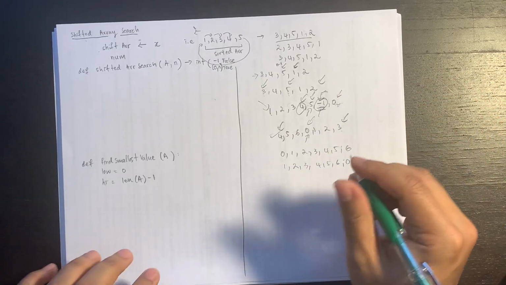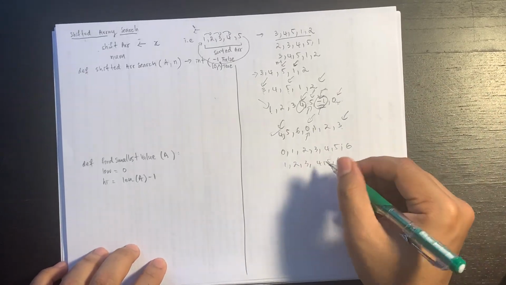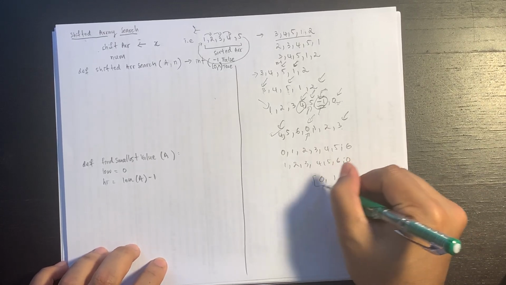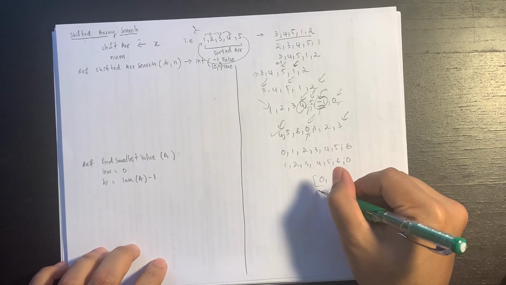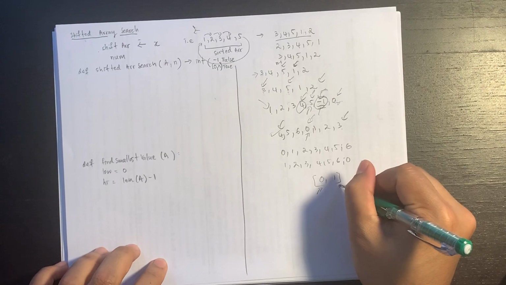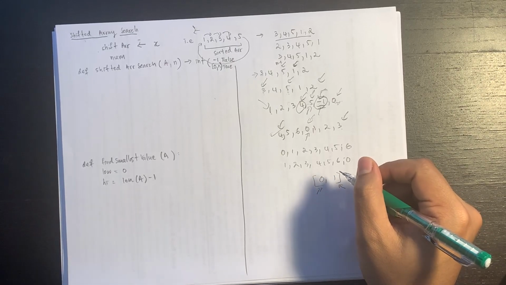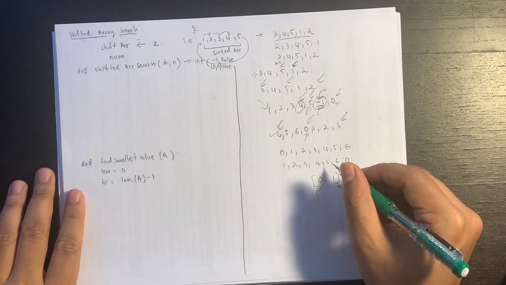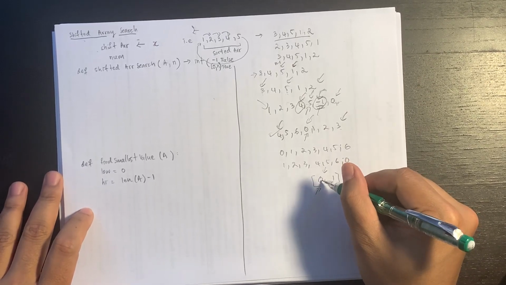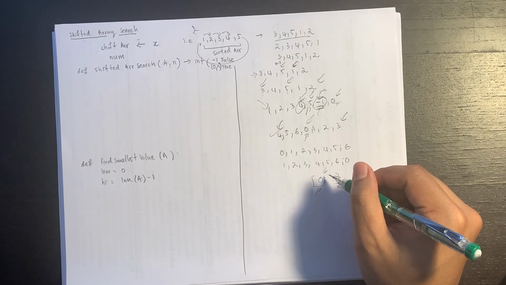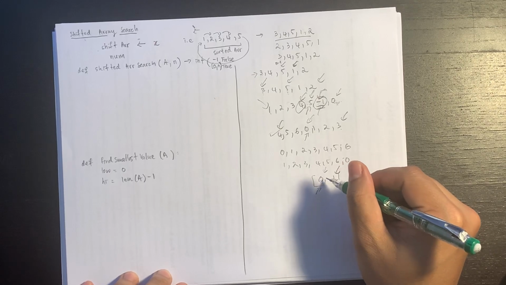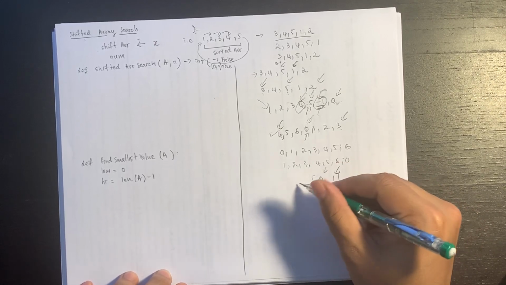Are there any edge cases? Let's say we have just two elements, 0 and 1. So our mid would be 0. We check 0 is less than this, and we check with itself.